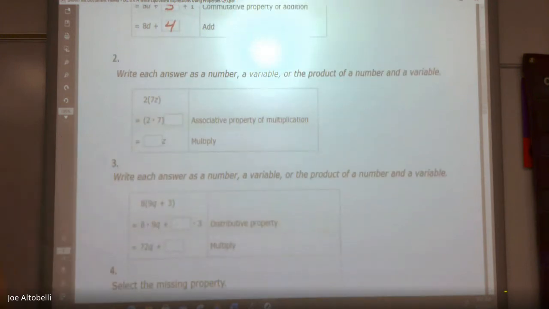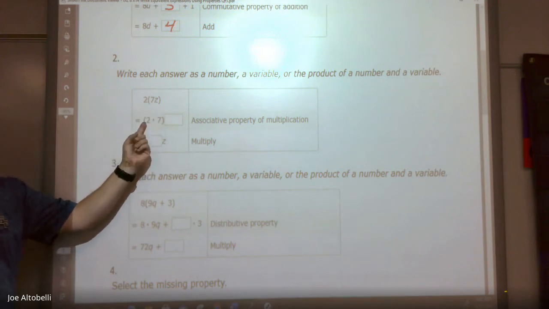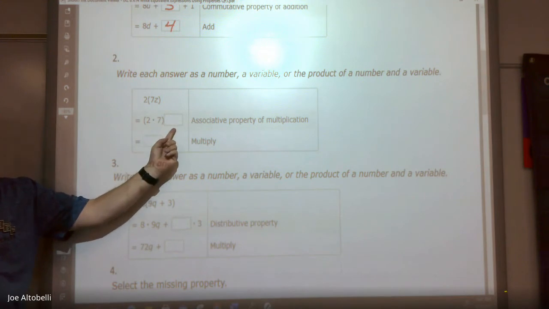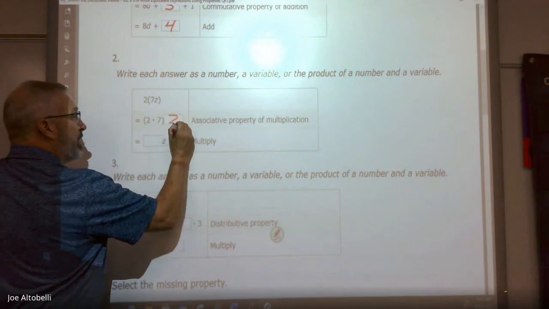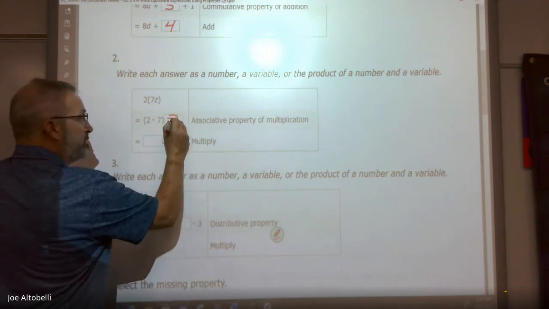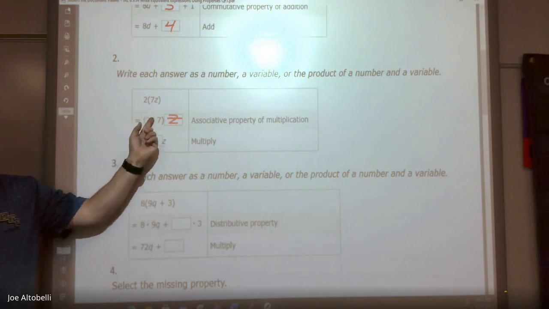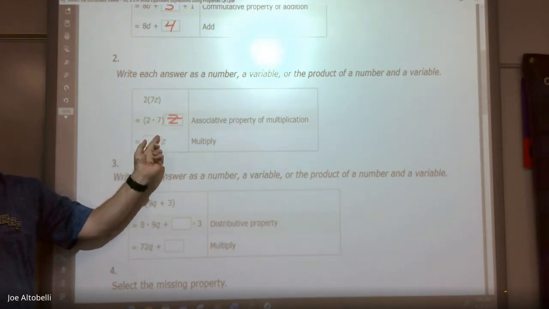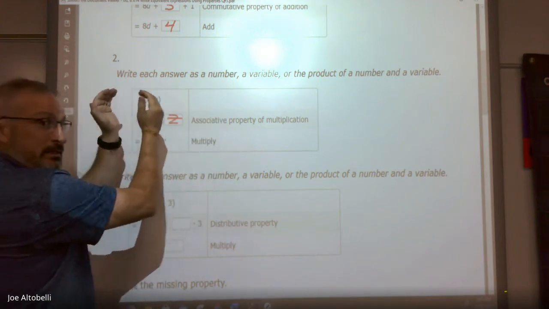Number 2, we have the 27z. I still have 27z. Now remember, I draw a line through my z. But this is a 27z. My order is staying the same, but the grouping is changing.